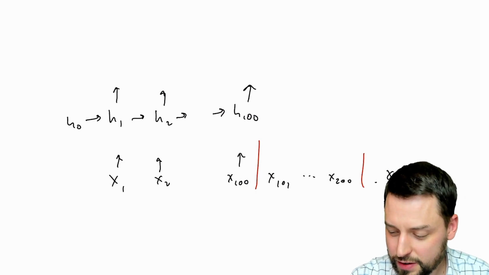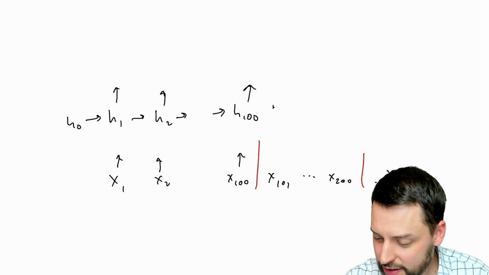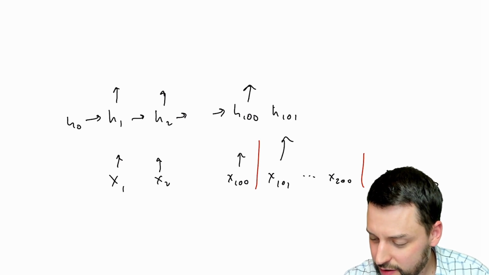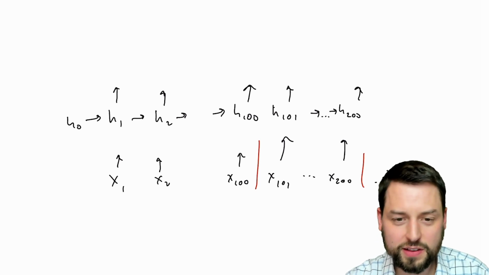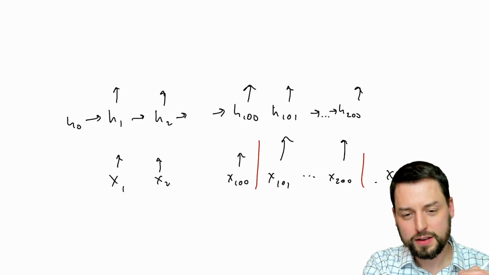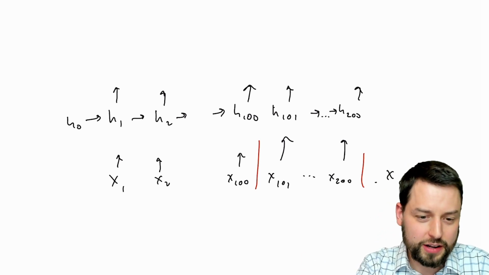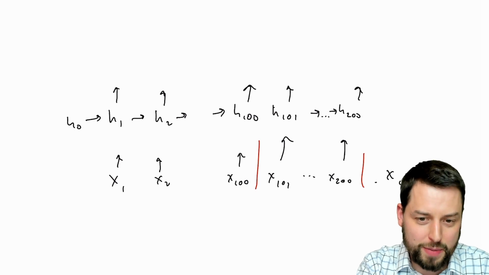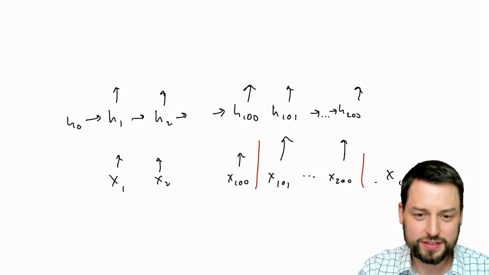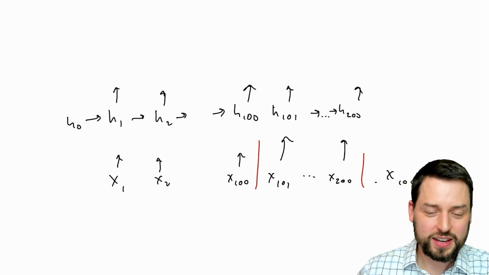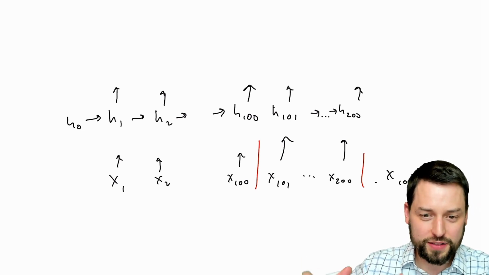So I compute my H101 to H200, and I compute my loss based upon this, and I just do that. This procedure is generally called truncated backpropagation through time, because you take your whole sequence and chop it into chunks and train the LSTM on these chunks.